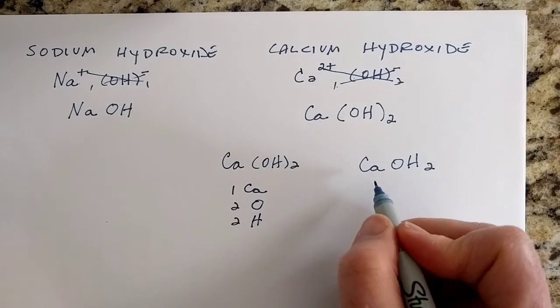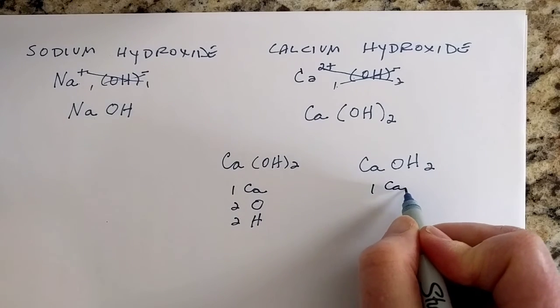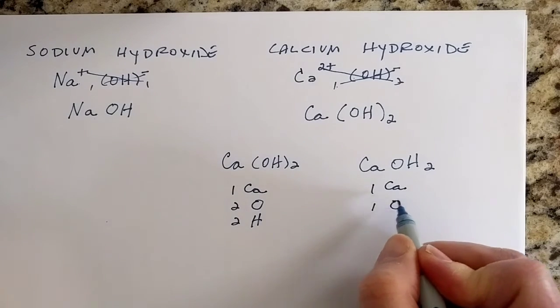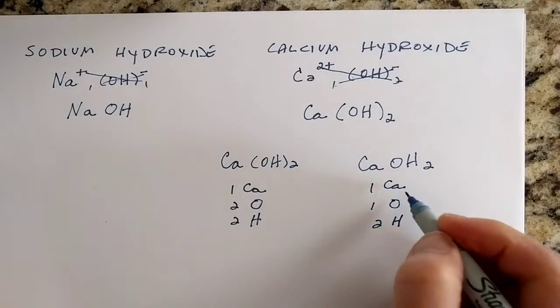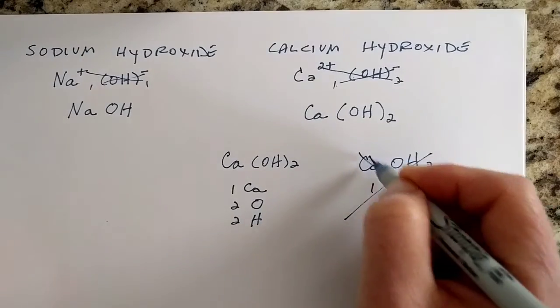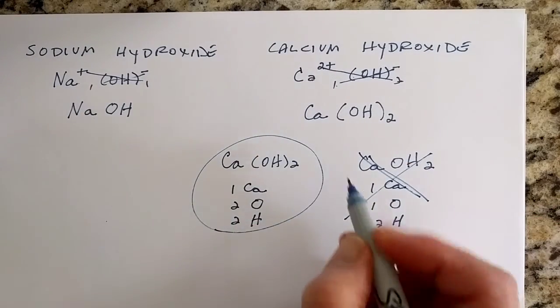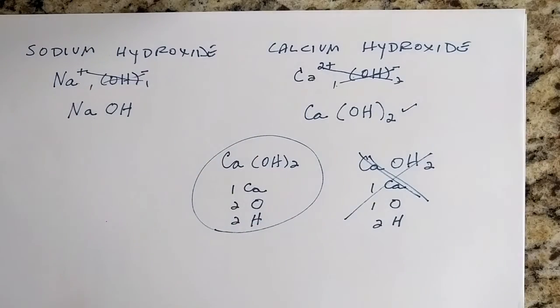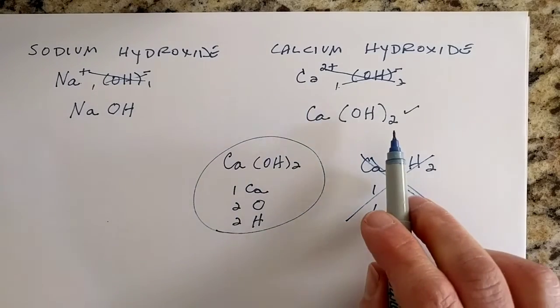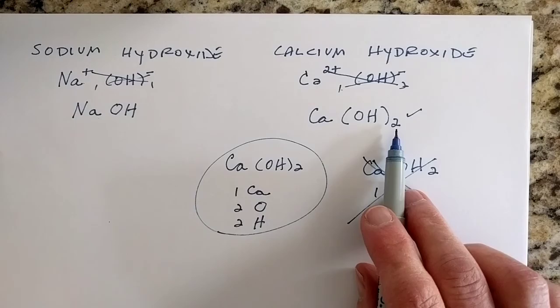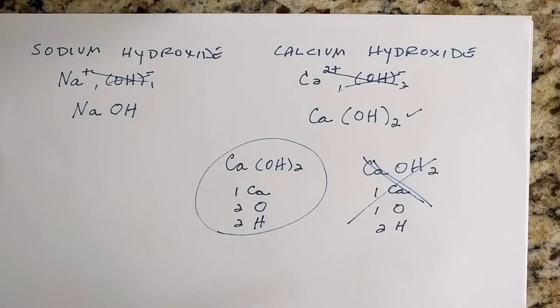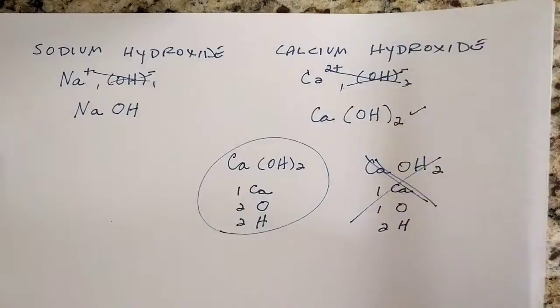If we write it the other way, it shows that we have 1 calcium, 1 oxygen, and 2 hydrogens. This is incorrect. We do not have that. This is what we have. So that is the proper way to write it. Include the parentheses if the number outside of the parentheses is anything other than a 1.